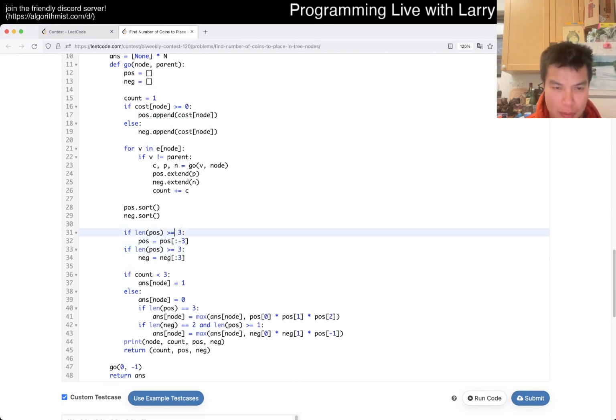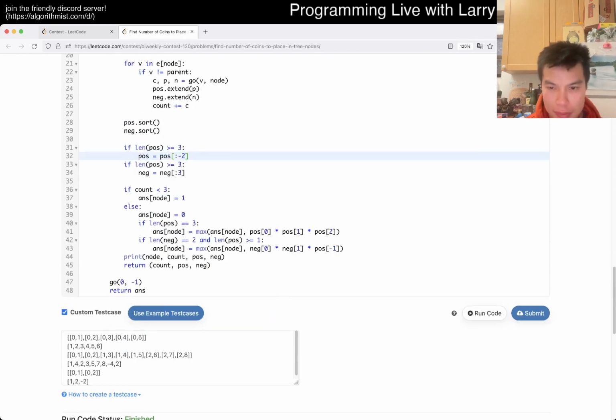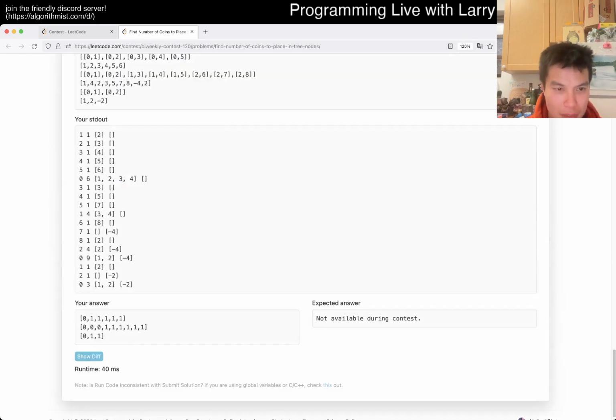This is what? Did I accidentally remove things?